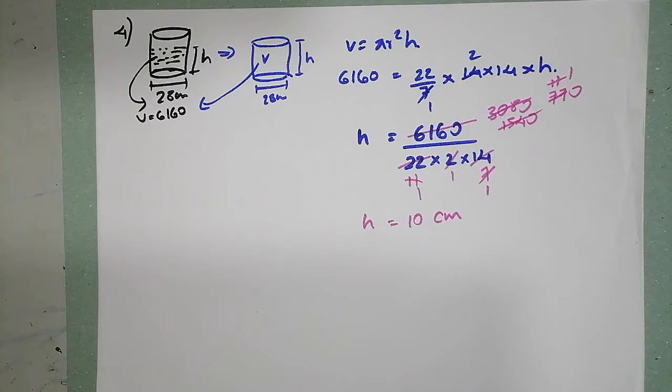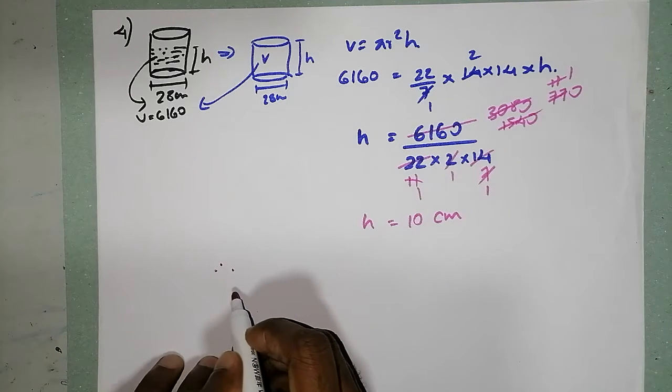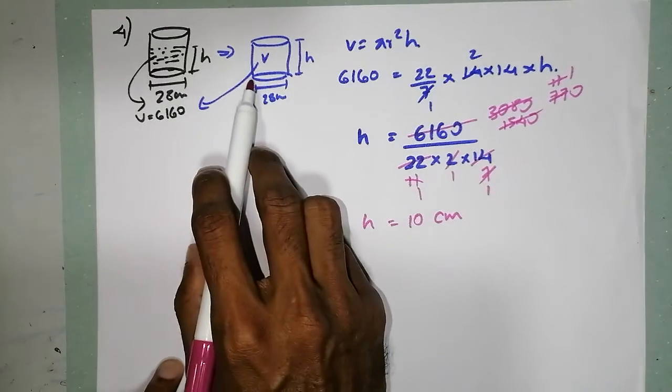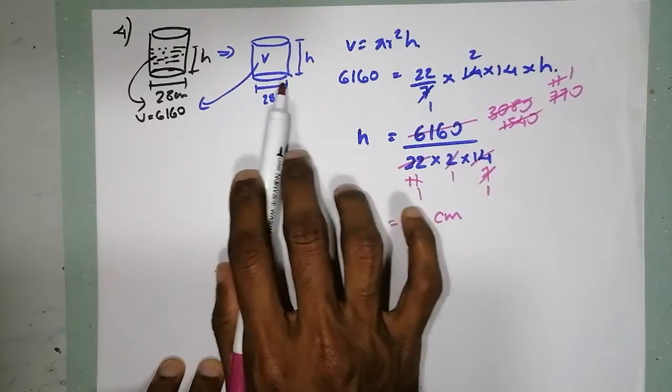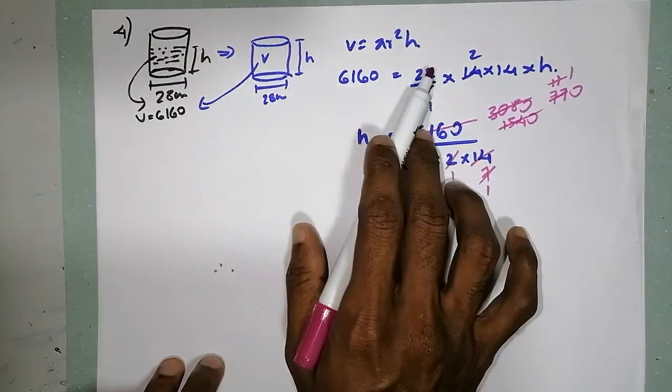So the answer of the fourth question: we have the height of the water level is 10 centimeter. We have to write it as a sentence, because we substituted the volume of the water instead of the volume of this shape.